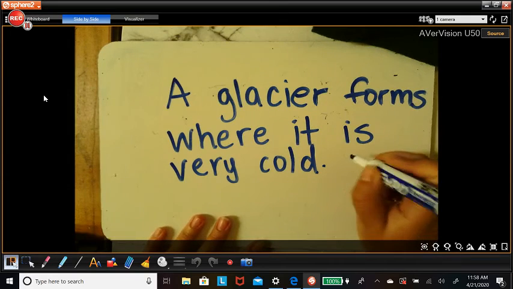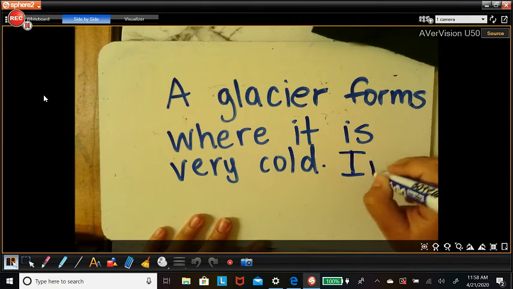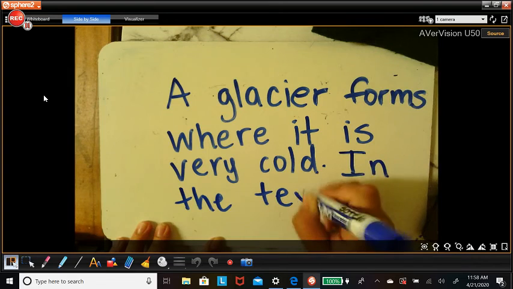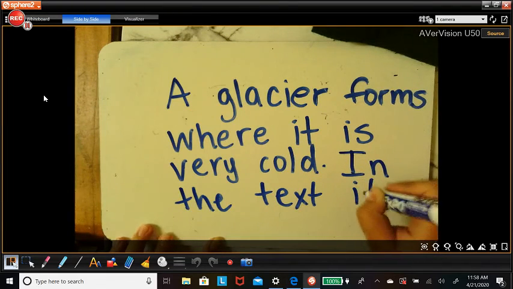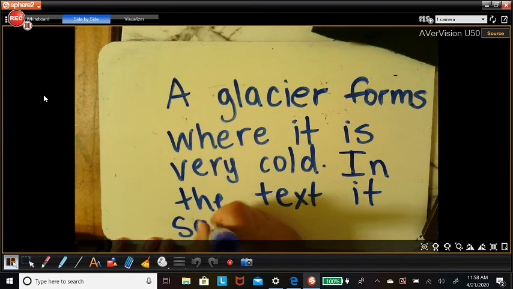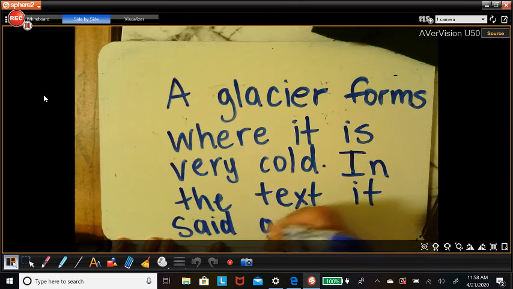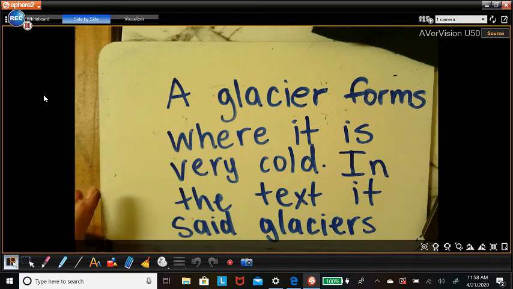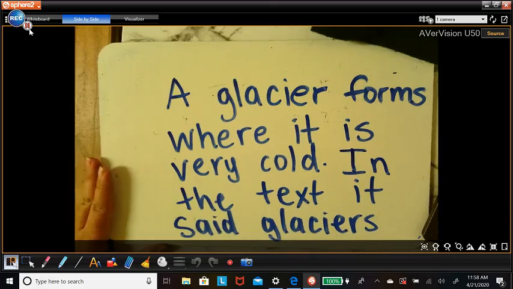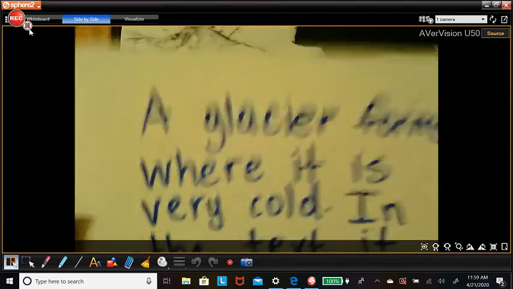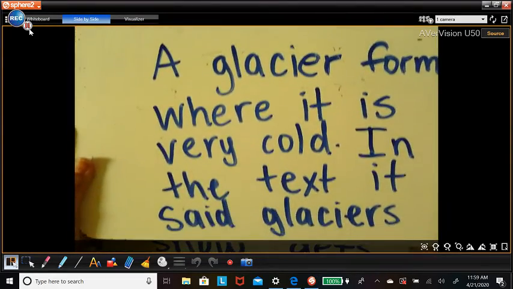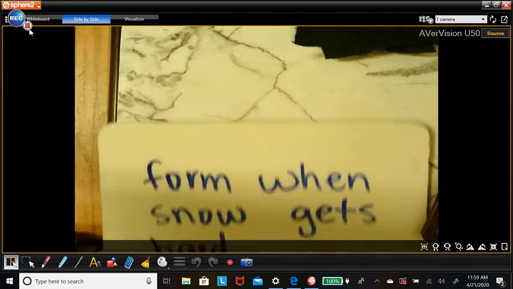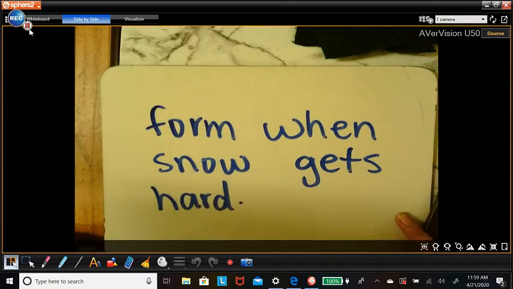So that I can begin with, in the text, it said, glaciers. Oh, looks like I'm going to need more space. So here's my whole answer. A glacier forms where it is very cold. In the text it said, glaciers form when snow gets hard.